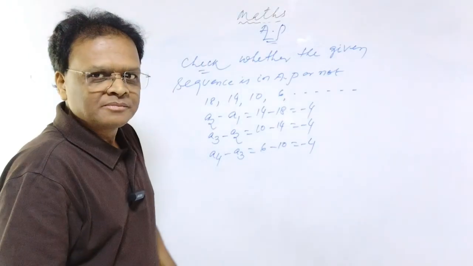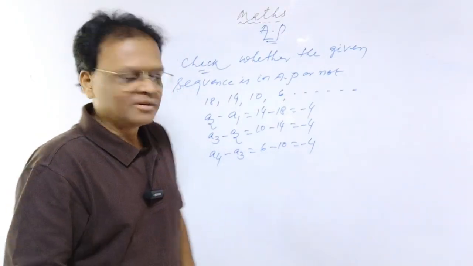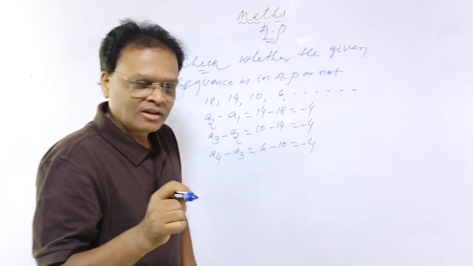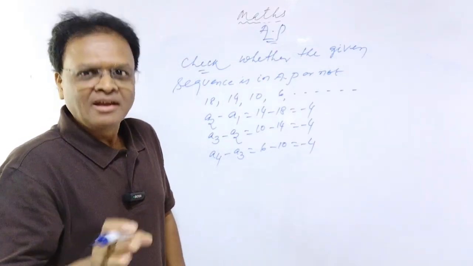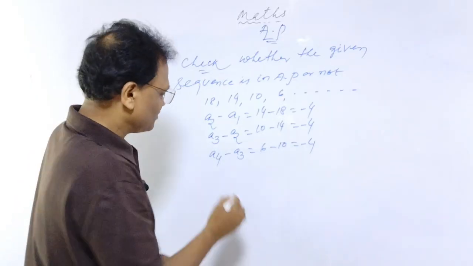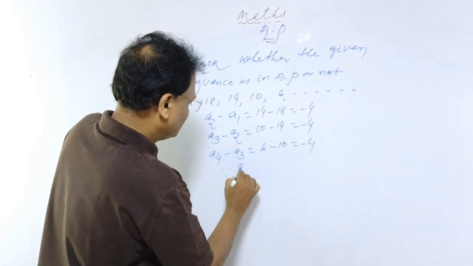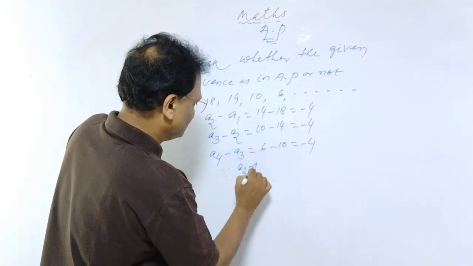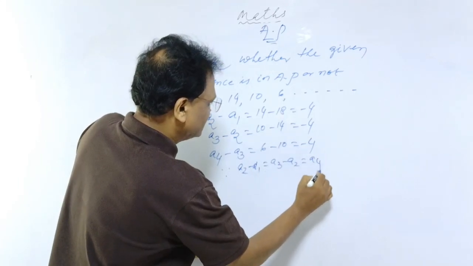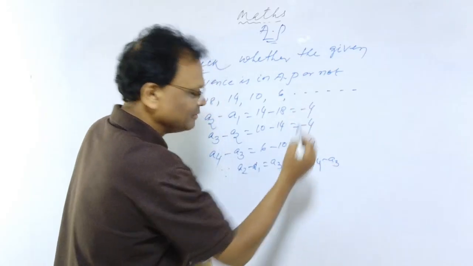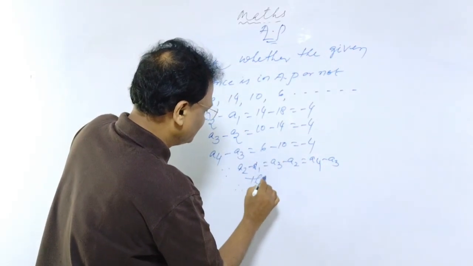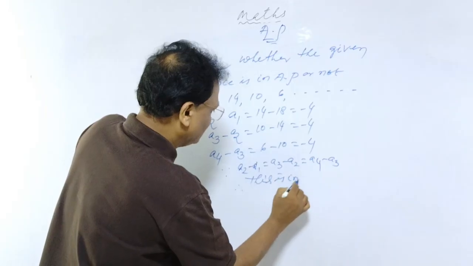Do notice what I got? I got the difference equal. See the difference. My difference is equal, that means my common difference is the same, and hence this sequence is in AP. So write: since A2 minus A1 is equals to A3 minus A2 is equals to A4 minus A3, therefore this is in AP.